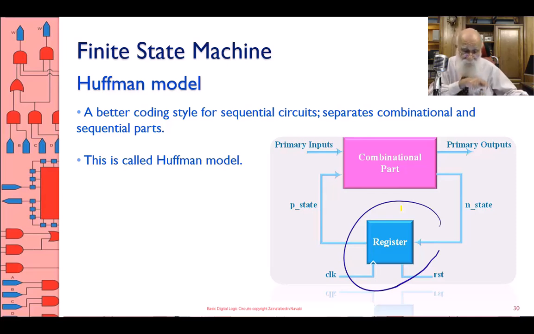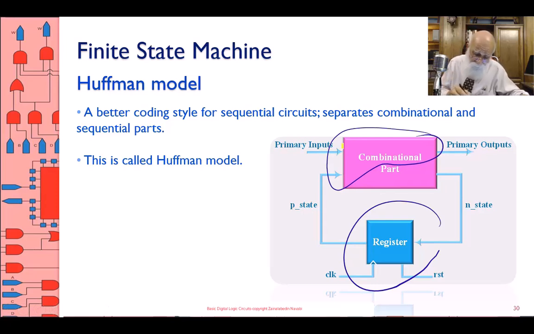Then you have the combinational part. The combinational part takes the primary inputs, produces the primary outputs. There are two combinationals. One is producing the primary outputs, and another one producing the next state.